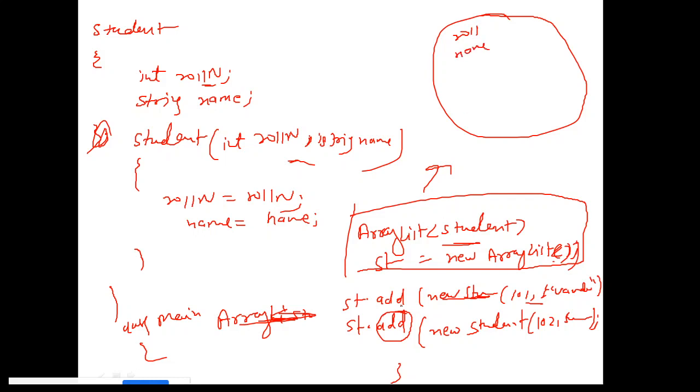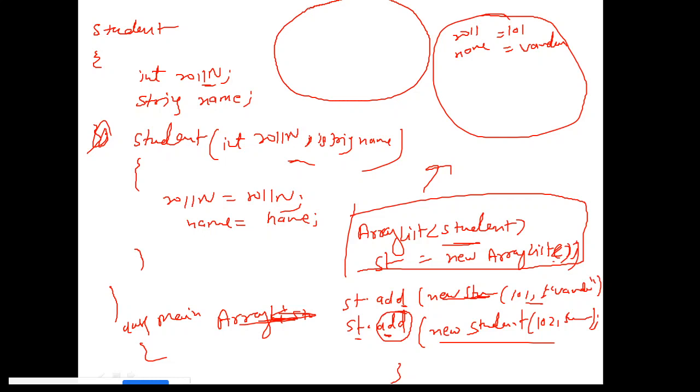Once you add a value, roll number is equal to 101 and name is equal to Vandan first. Once you again call student dot add new Student, first a copy is created, right?